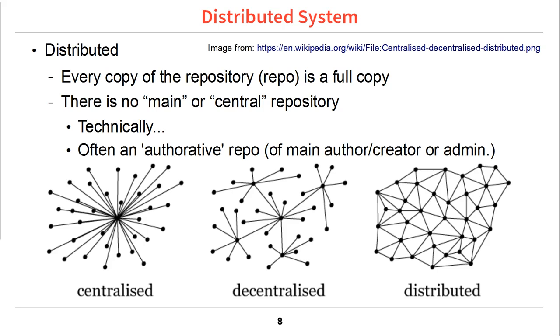Perhaps small teams have their own mini central repository that they check their files into, and then check those files or changes into the main repository when needed. That would be shown in the middle image as the outermost nodes connecting to a single node, and then that node connecting to the middle node. So, when you're using Git in the future, understand that it is designed for a distributed system, but is often implemented as decentralized.